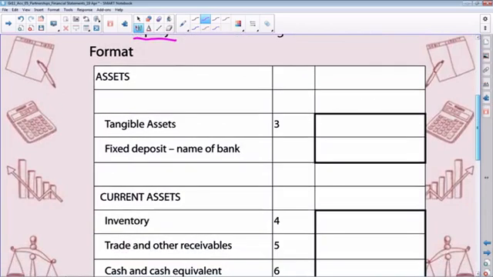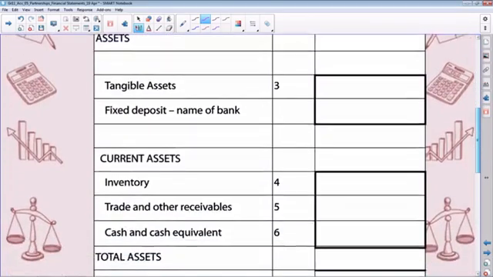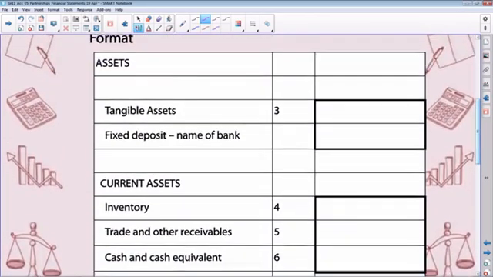Okay, so in your format, guys, remember you've got your assets, and as you can see, assets remain exactly the same. You've got your non-current assets, let's just fill that in, as well as your current assets.